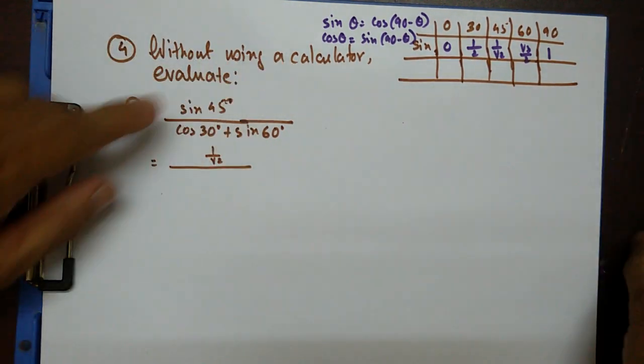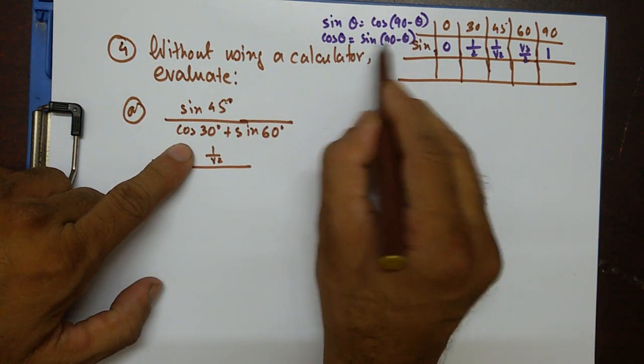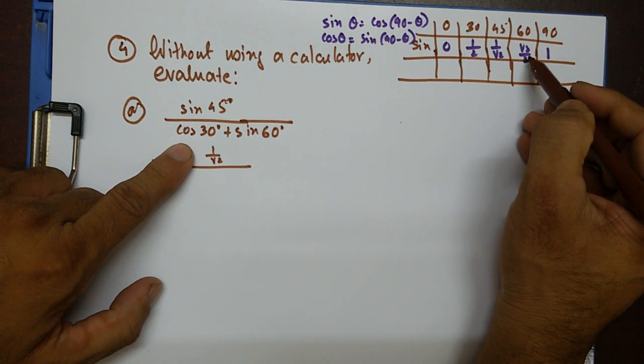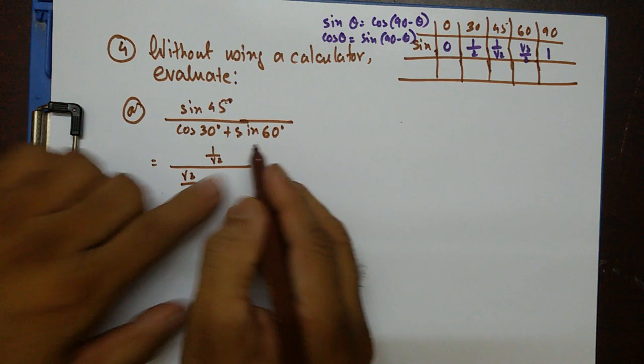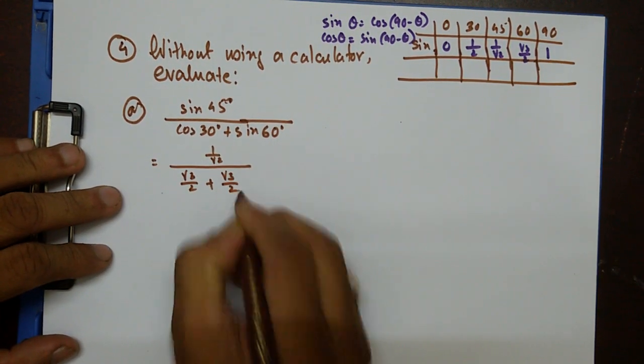If I put cos 30, then 90 minus 30 gives me sine 60. Sine 60 is root 3 by 2. So this is root 3 by 2 plus sine 60, again root 3 by 2.